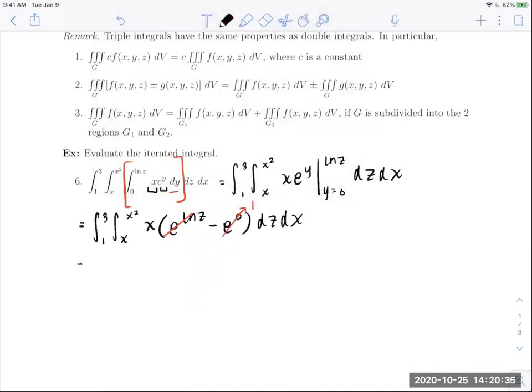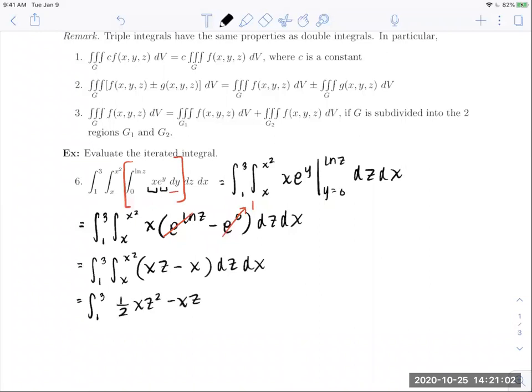So let's write our simplified integral from 1 to 3, from x to x squared of xz minus x dz dx. All right, so now let's go ahead and integrate with respect to z. That's going to give me a 1/2 xz squared minus xz, where z is running from x to x squared, dx.